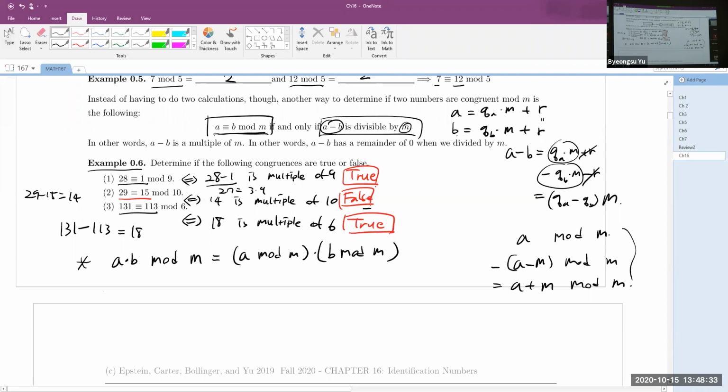So for example, let's see, I want to find 300 mod 7. Maybe you can just divide 300 by 7 to get the remainder. But another strategy you can check is that it is just 3 times 10 times 10, right? And 3 mod 7 is just 3 because 3 is less than 7.